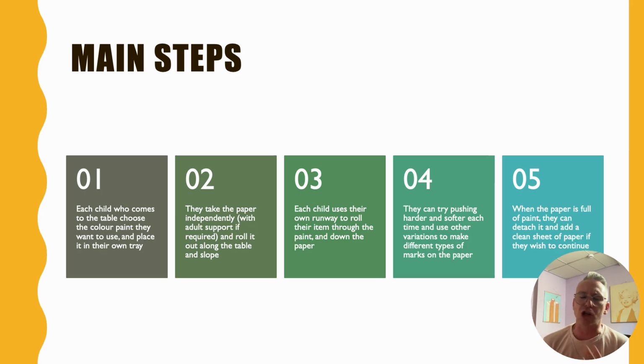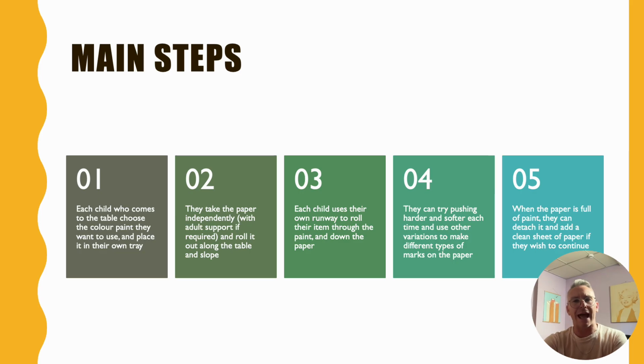And then each time they do that, they can try pushing it harder, softer, etc., to see if it makes different kinds of marks on the paper. When the paper's full, if they want to keep painting, then they detach it and they can add a clean piece of paper. Obviously, they can do that as many times as they want. So that would be my main steps of what would happen in that flow in, flow out activity.